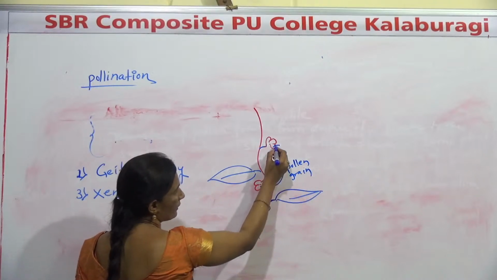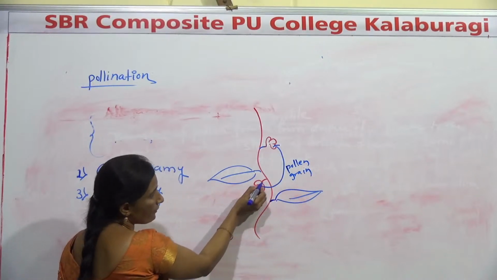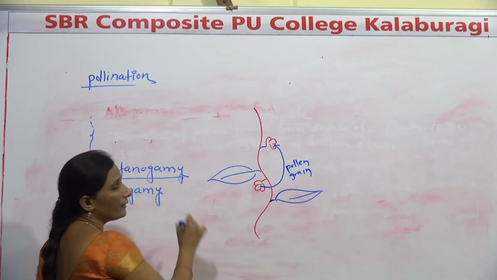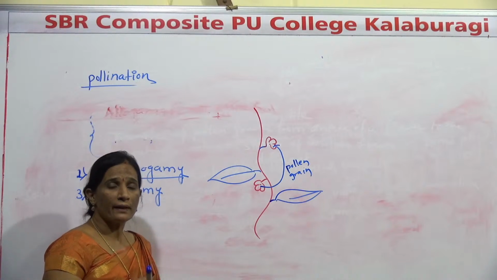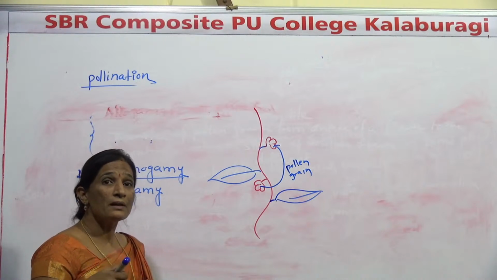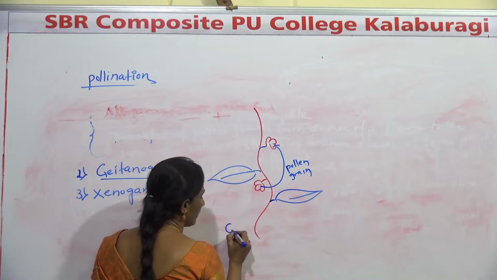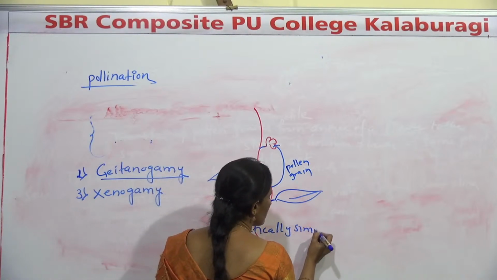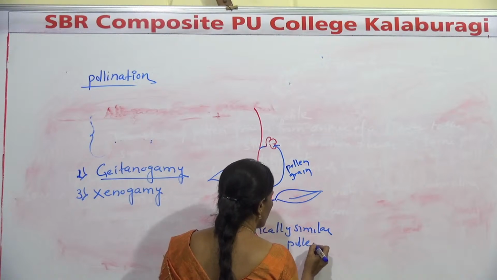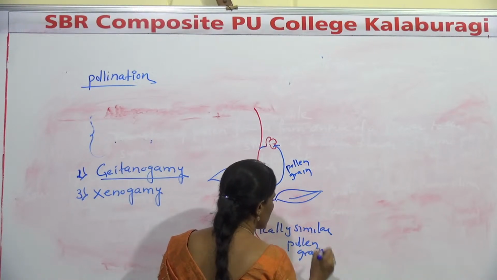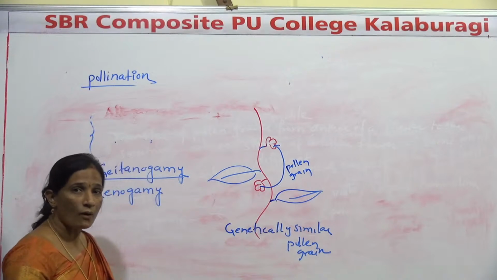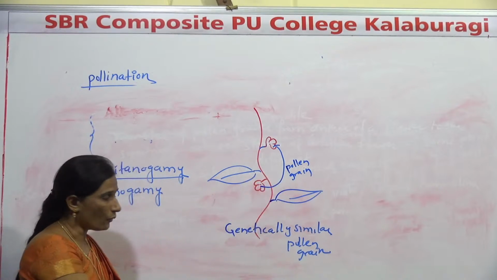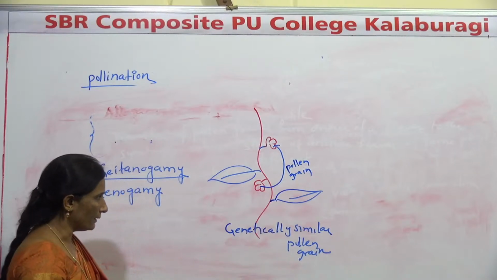It brings genetically similar pollen grains, because the pollen grains come from the same plant. So it is genetically similar.